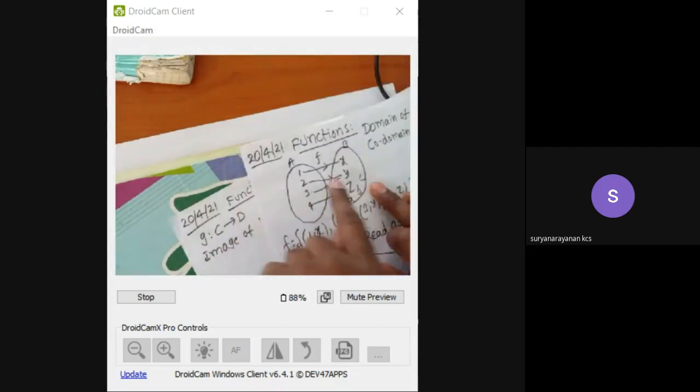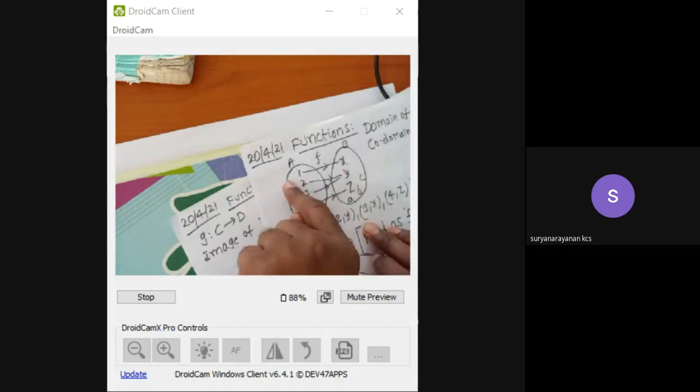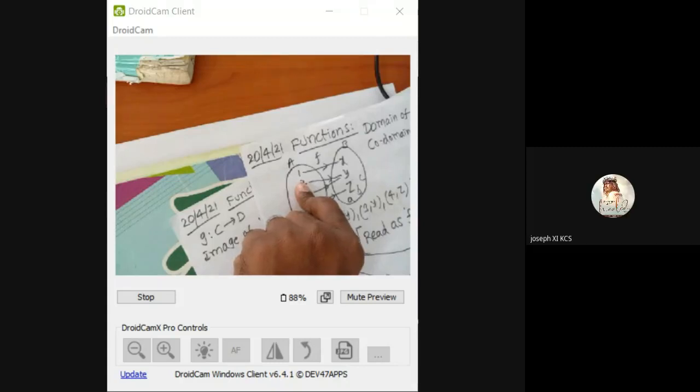In the reverse order, 1 is said to be the pre-image or inverse image of x. Pre-image of x is 1. Inverse image of x is 1. Is this point clear? Yes, sir. What is meant by image? What is meant by pre-image?